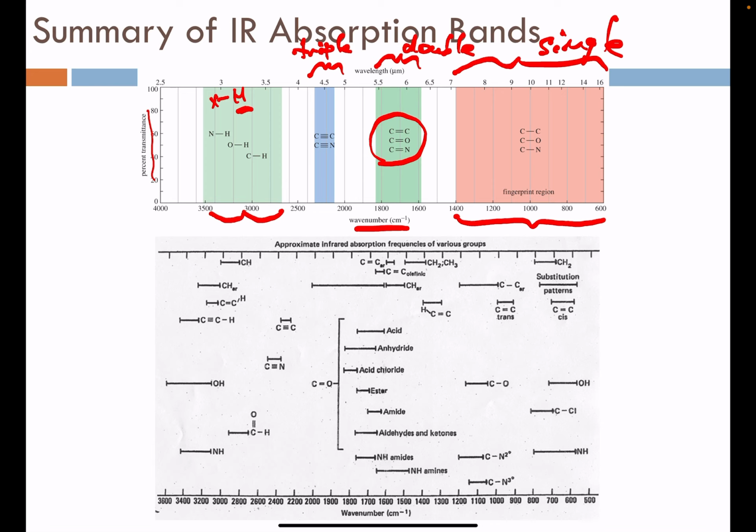So for example, carbonyls, shown in the middle there, can be found in a carboxylic acid residue, an anhydride residue, an acid chloride residue, an ester, an amide, an aldehyde, a ketone, and NH amides, or even, apologies, that's an NH feature. So all of those are the carbonyl C double bond O that we've just talked about there. So you can see very specific and sometimes overlapping ranges can be listed there.